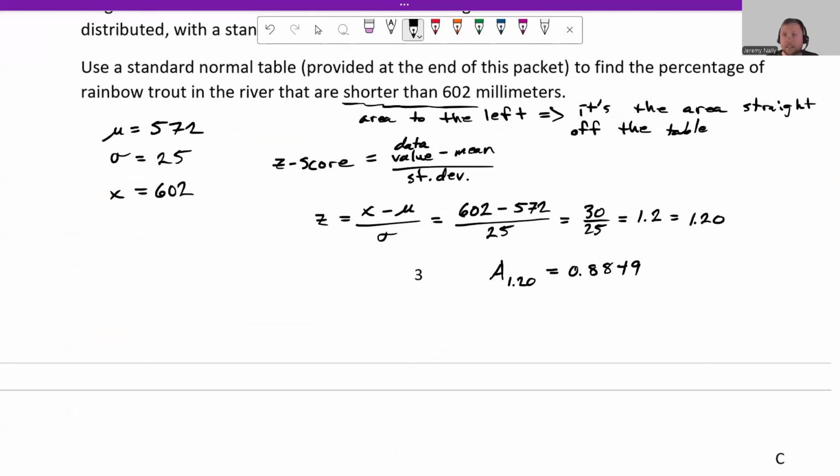Okay, and it asks to find the percentage. So we already concluded that it's the area to the left, which is the number straight off the table. So we don't have to do anything special to this other than convert it to the percent. So 88.49% of rainbow trout in the river are shorter than 602 millimeters.